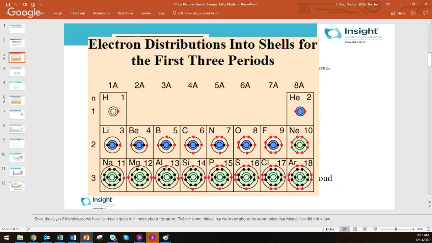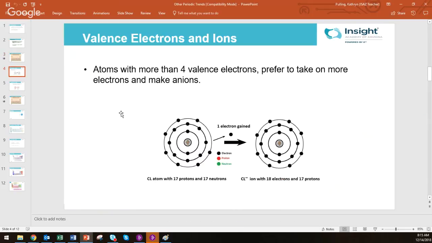Now, when atoms form ions, we've talked about this, ions that either gain electrons or lose electrons, they do this in a particular pattern. So atoms that have more than 4 valence electrons, so they're halfway or more to 8 valence electrons, they prefer to just take on extra electrons and fill their shell that way.